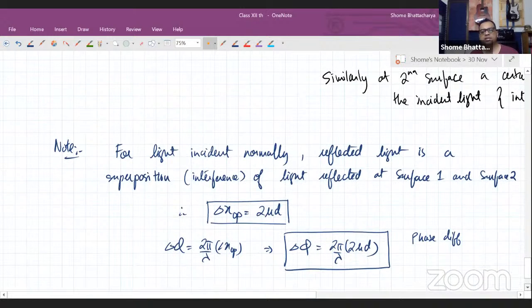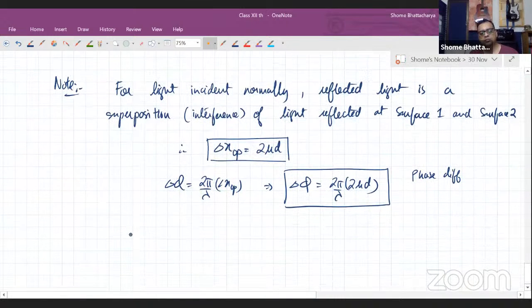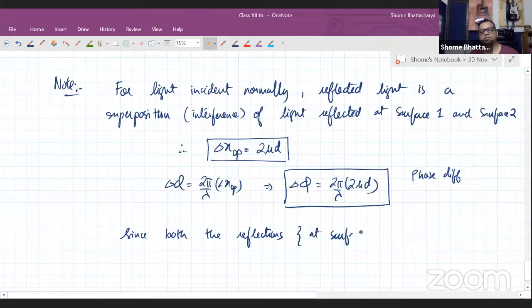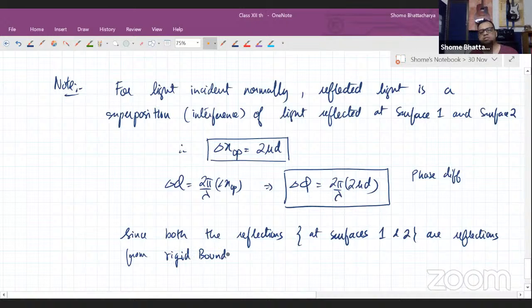Now this way we also understand that since both the reflections at surfaces 1 and 2 are reflections from rigid boundaries, both involve phase inversion.